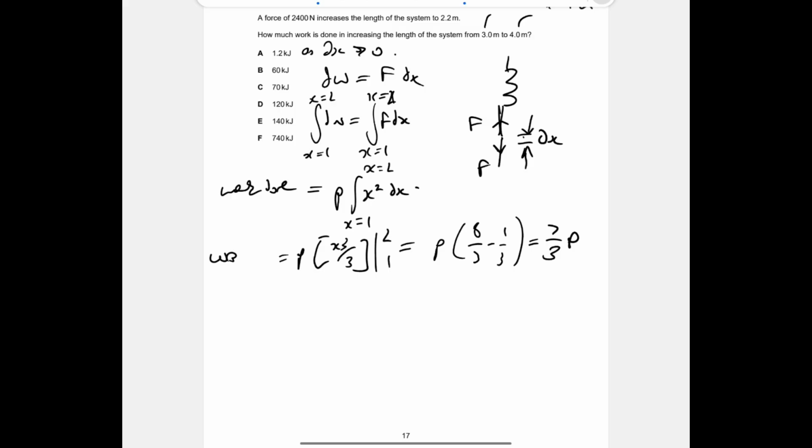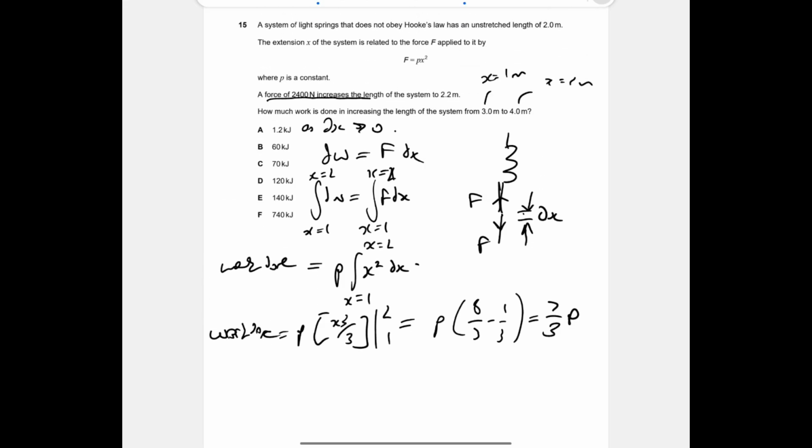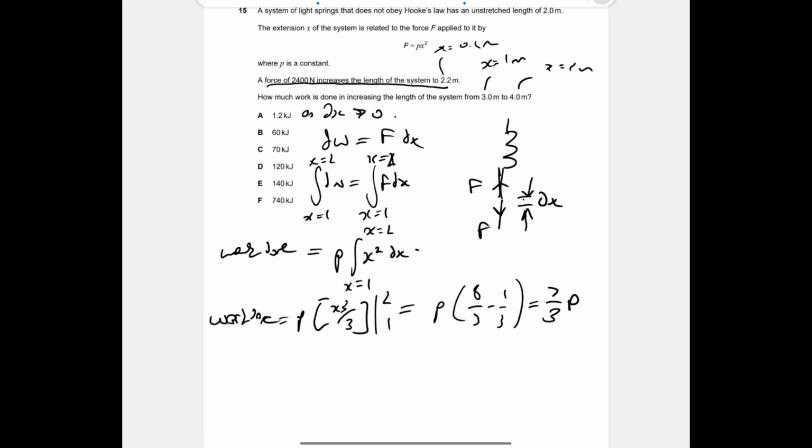So we just have to find p to be able to solve this, and we're given that when we extend it by 0.2 meters, the force is going to be 2,400 newtons.